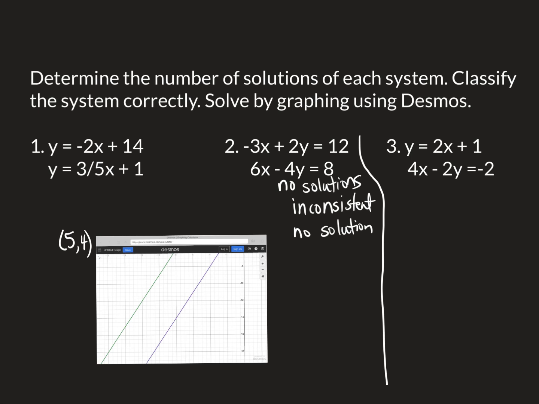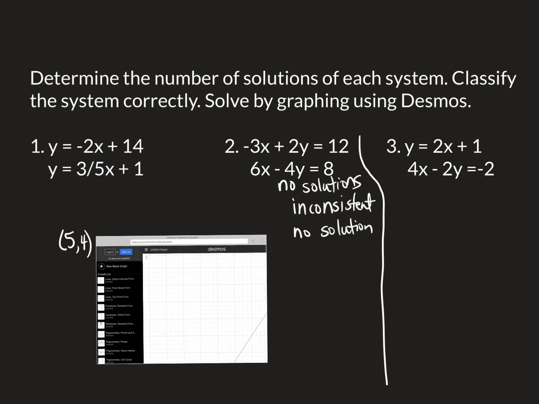Number 3, oh, I have to go back and get the pointer. It always takes me a second to go back. Okay, I'm sorry about that. It's letting me move.